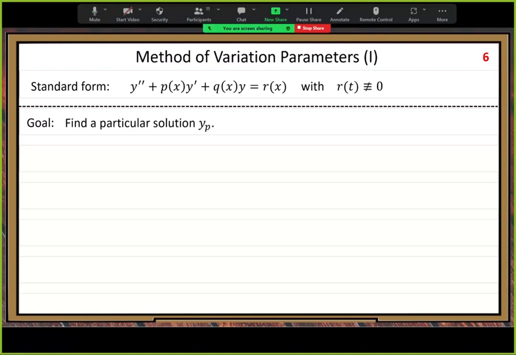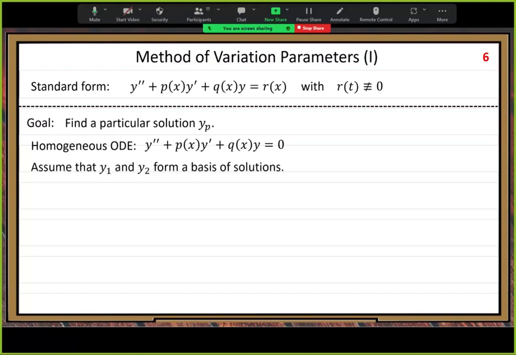The formulas we derived are only for the constant case. For general P and Q, we don't have any formula. So that part could still be hard, even for the homogeneous equation. Now we consider the homogeneous equation, but for this method, we assume we already have y1, y2.